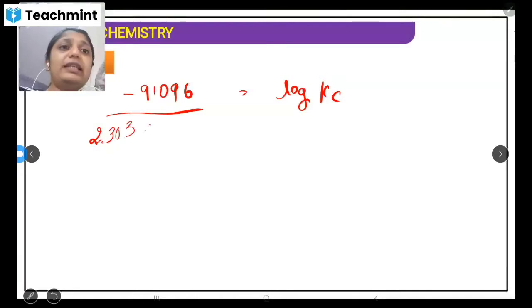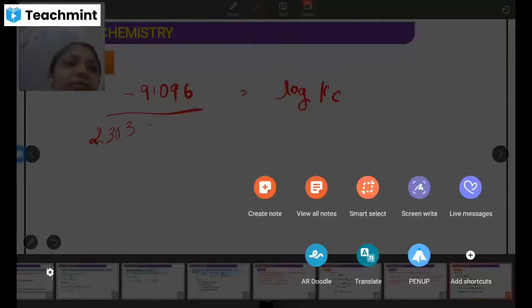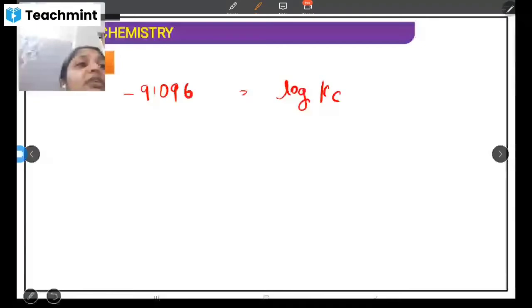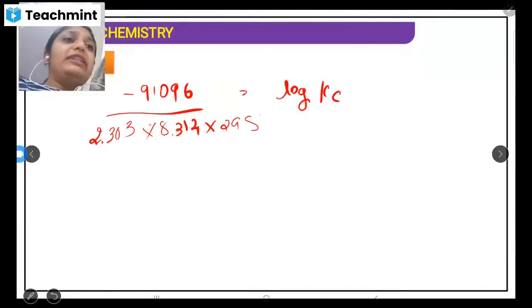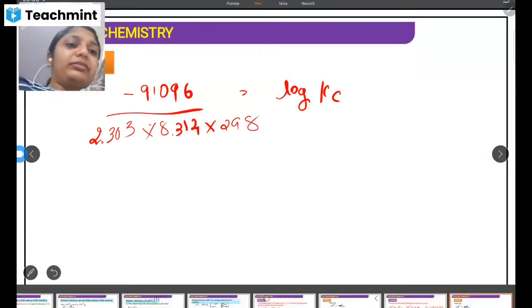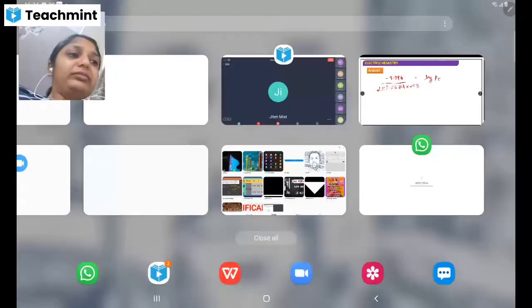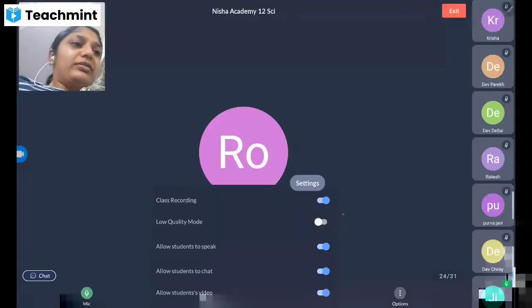R is 8.314 and your temperature is 298. Okay, students. Okay, fine. Now tell me, students, what will be the value? Calculation કરો અને કેવું મને.